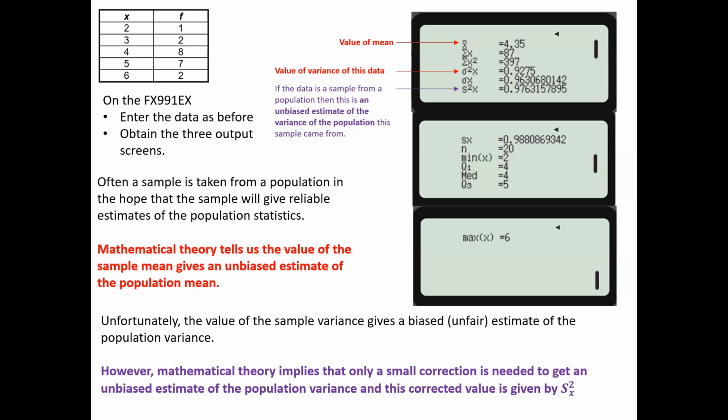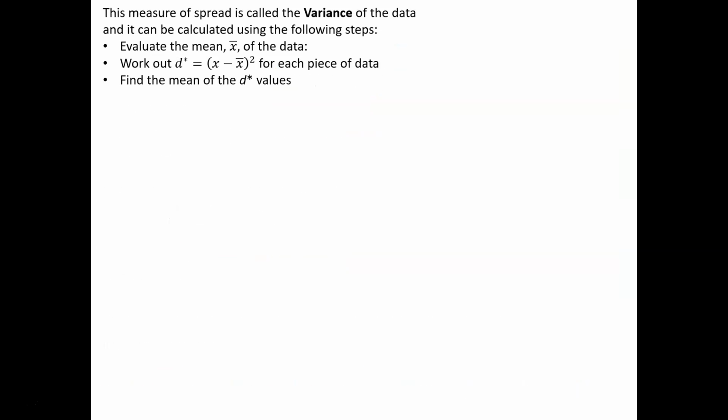So Sx squared is an unbiased estimate of the variance of the population if the data came from a sample from this population.